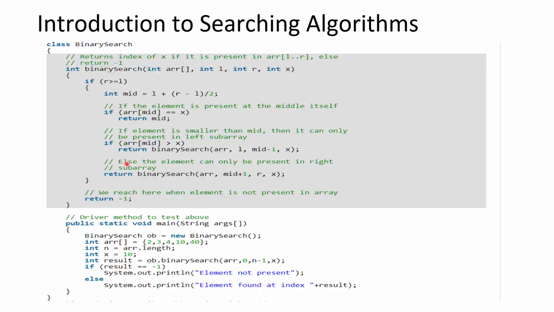This is a great exercise to try for the binary search. So we see this class BinarySearch, and we see that it also has the main method. We have our class, BinarySearch, which we will instantiate here as ob.